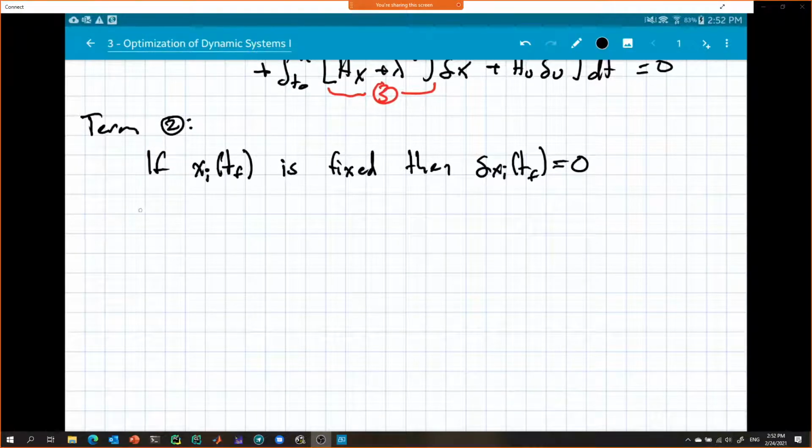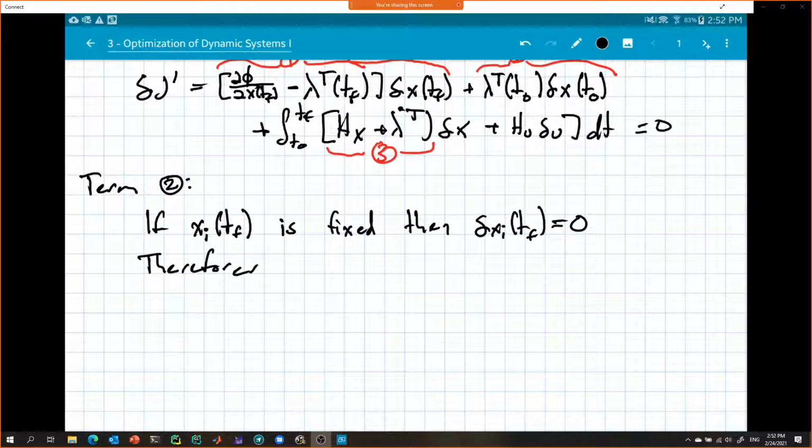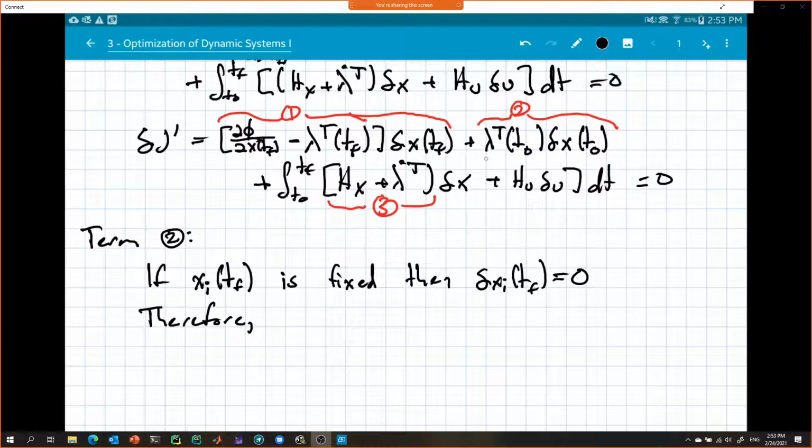So we have this term here, the second term. If xi is fixed, then the corresponding lambda i can be anything because it's going to be 0 regardless.